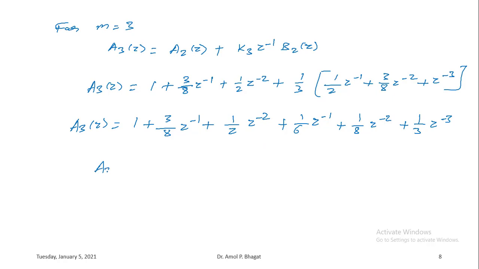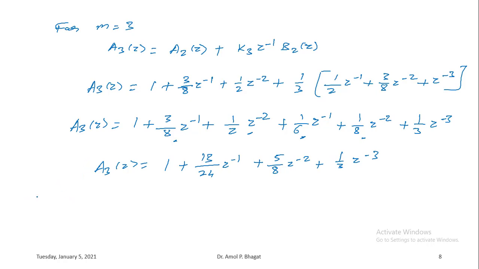If you add these terms, 1 plus the z inverse terms, that is 3 by 8 z inverse plus 1 by 6 z inverse, will be 13 by 24 z inverse, and 1 by 2 z to the power minus 2 plus 1 by 8 z to the power minus 2 is 5 by 8 z to the power minus 2, and the remaining 1 by 3 z to the power minus 3 will be as it is. So this is the last required equation.